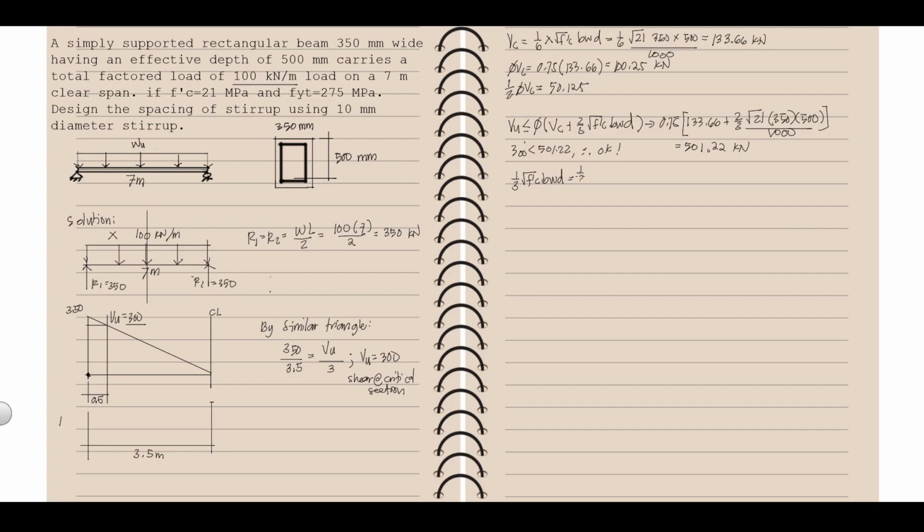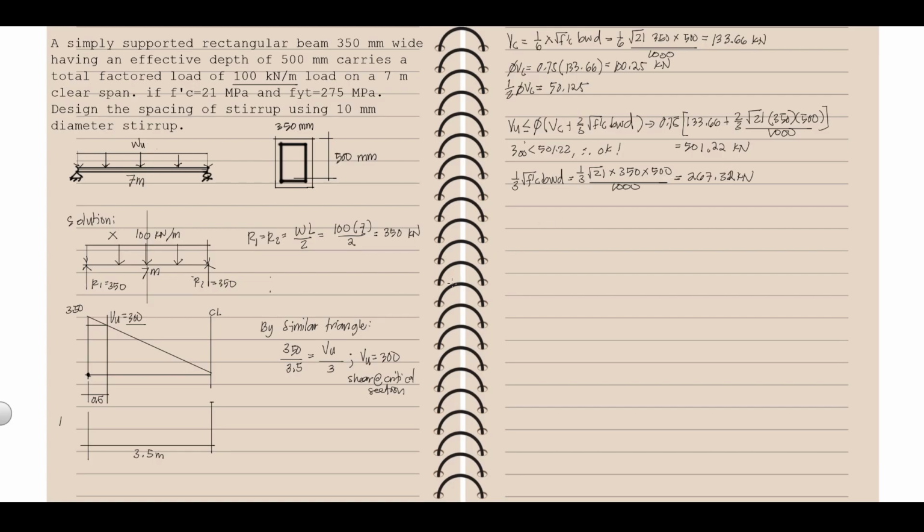So, divide natin ng 1,000 to. So, we will get an answer 267.31 or 32 kilonewton. Yan. Ito na yung magiging pang-identify natin kung anong S-max ang gagamitin natin.